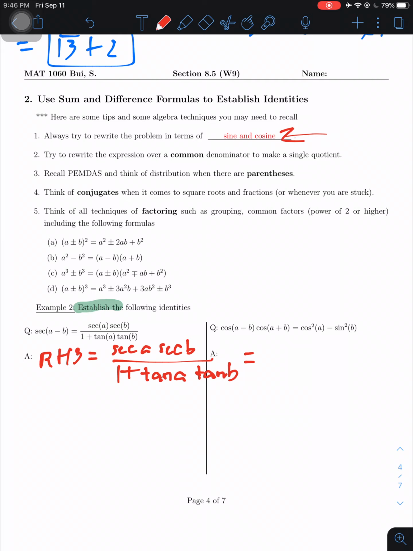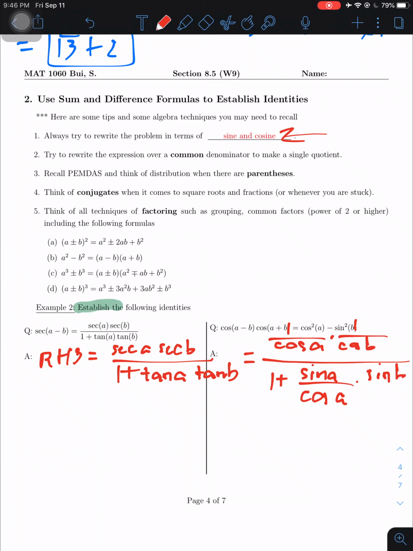Secant is the flip of cosine, right? So I'm going to get 1 over cosine times 1 over cosine, but the angle will be different, all over 1 plus, and tangent is sine divided by cos for A. We also have sine divided by cos for angle B, for tangent of B, right?